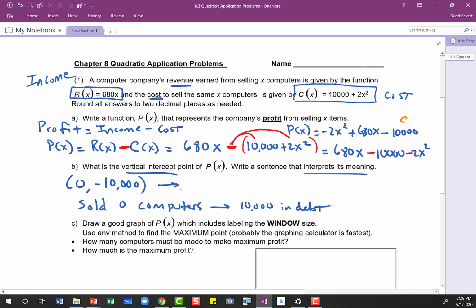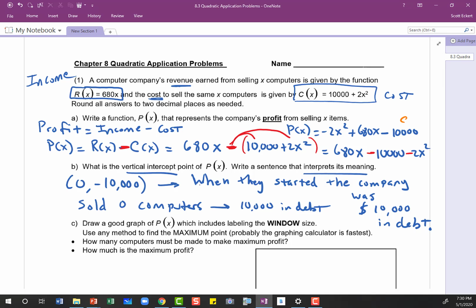Probably a sentence would be better to say when they started. I just finished off the sentence there, but you can see that there are many ways to express this, but when they started, the company was $10,000 in debt. All right, so that's taking care of a few of the questions in this problem.